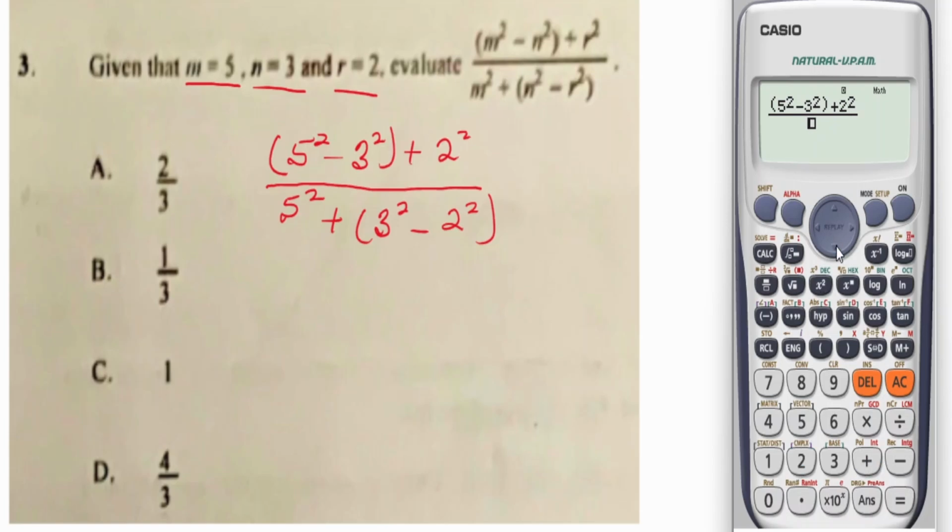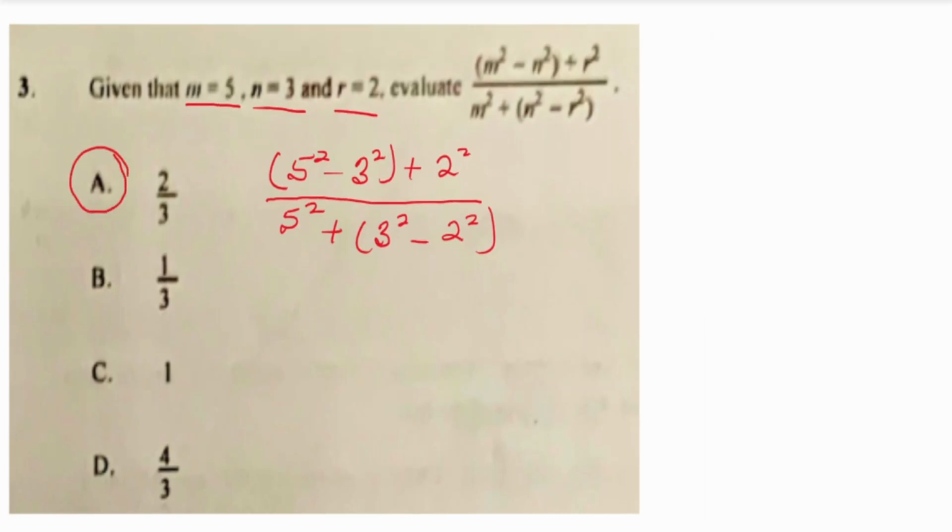We bring the cursor down, and then we have 5 squared plus parentheses 3 squared, and then minus 2 squared, and then we close the parentheses and equal to, our answer is 2 over 3. And looking through the options, that is option A, 2 over 3. Let's move on to question 20.